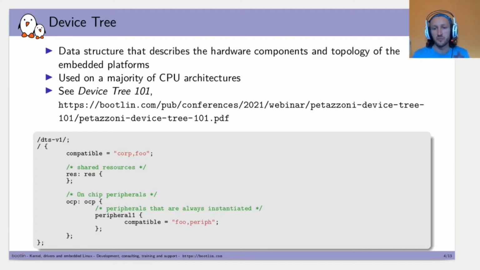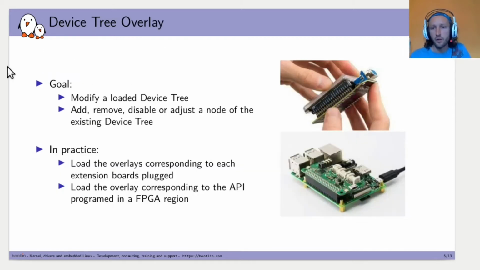This example has two nodes, RES and OCP, and a new subnode of OCP, which is a peripheral one. If you don't understand this device tree description, please read about device tree.